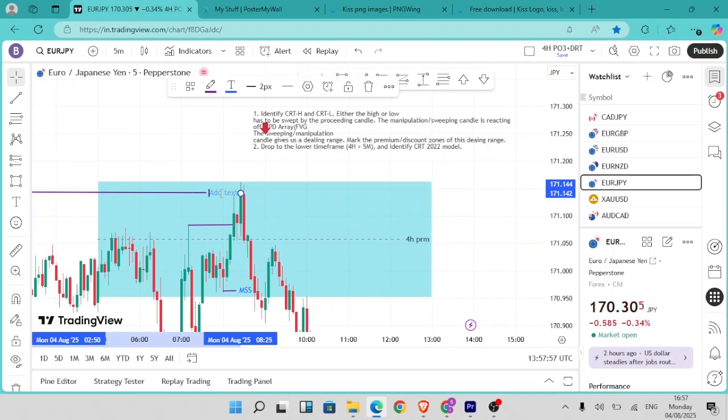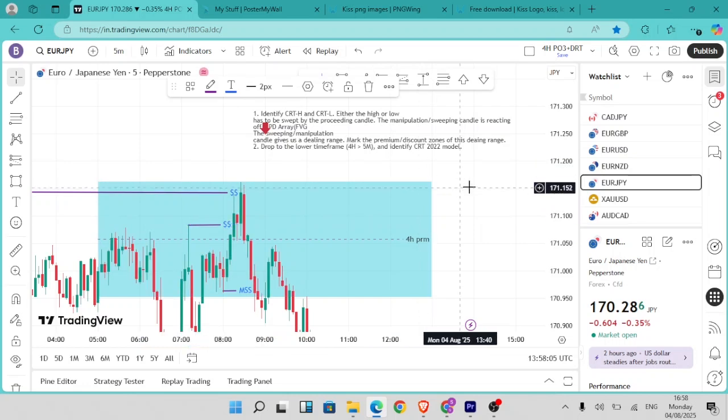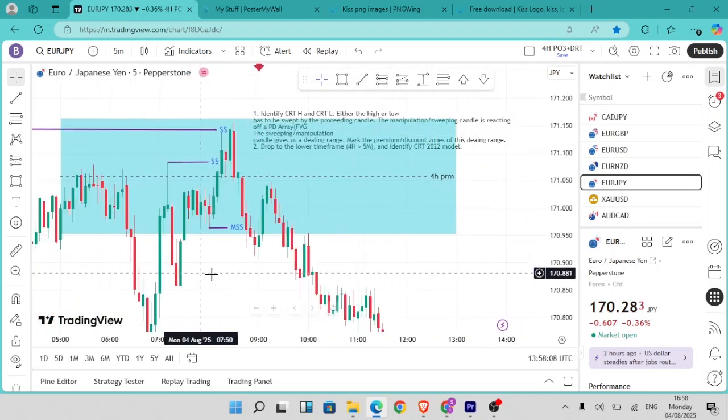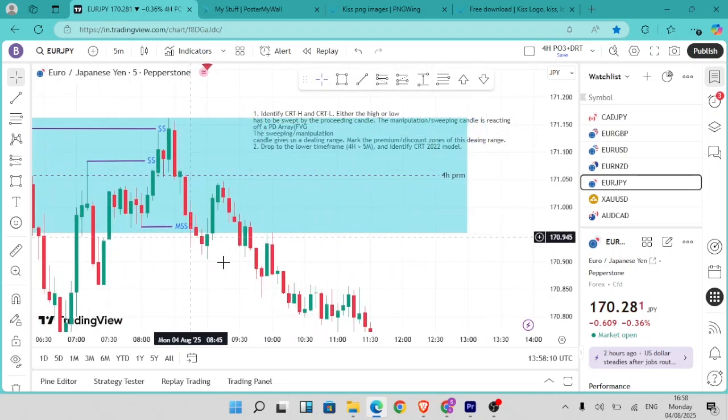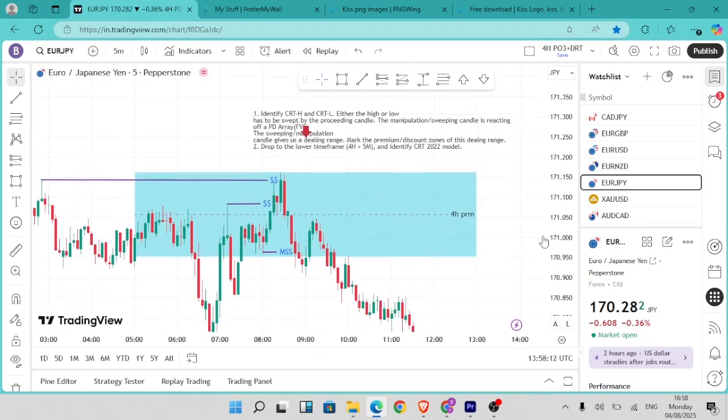So that is a liquidity sweep right there, and then we also have this as another form of liquidity sweep, then a market structure shift, right?